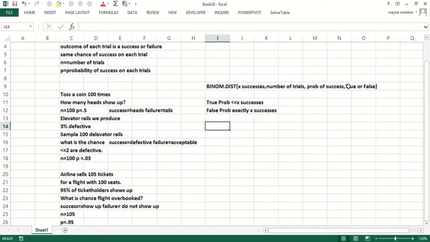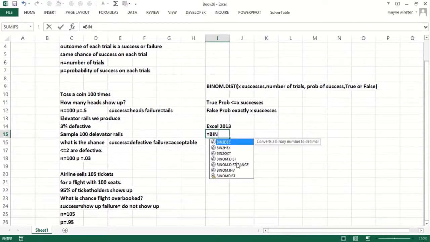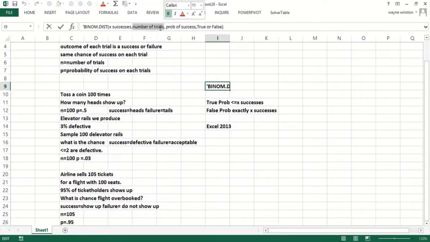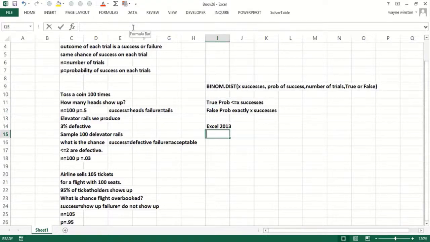And then there's another function in Excel 2013 that makes things a lot easier: Binom.DIST.RANGE. Okay. So you have the number of trials, the probability of success, and then a lower and upper limit. I think I've got this backwards. I think the probability comes first. Binom.DIST.RANGE, I believe.